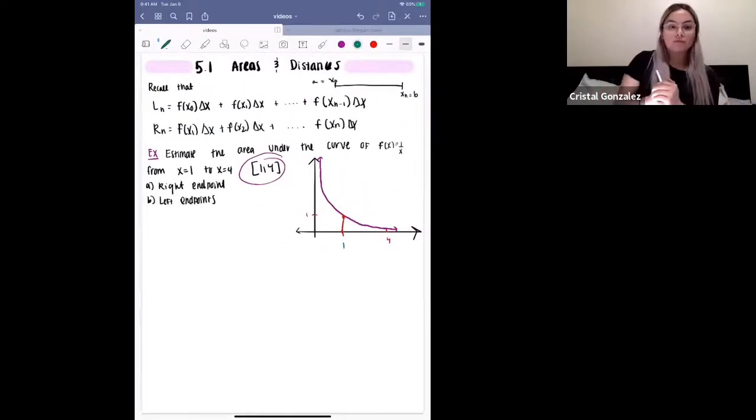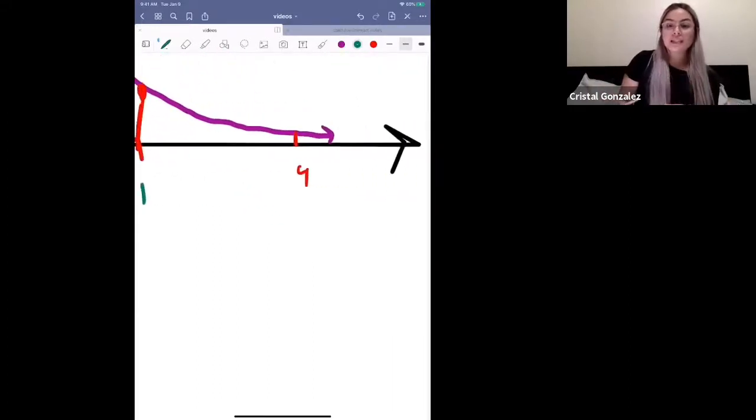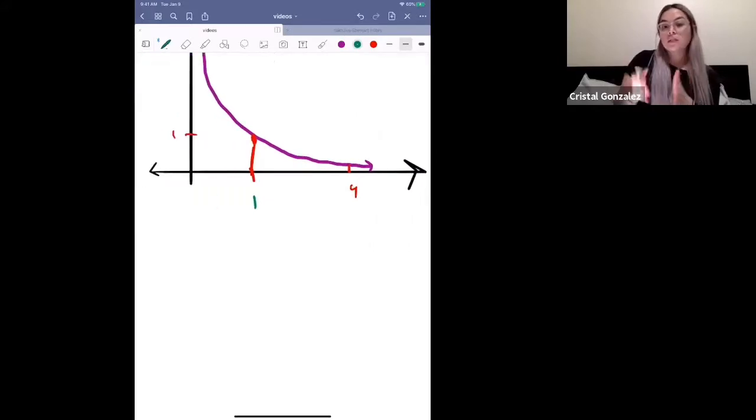Okay, let's do n equals 6. So we eventually want to partition our interval from 1 to 4 into 6 partitions, so 6 sub-intervals.